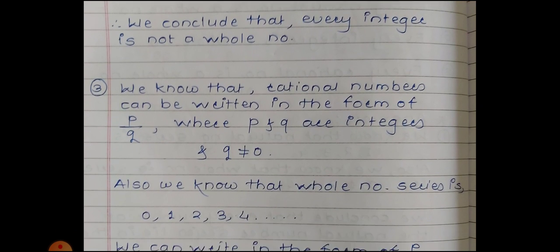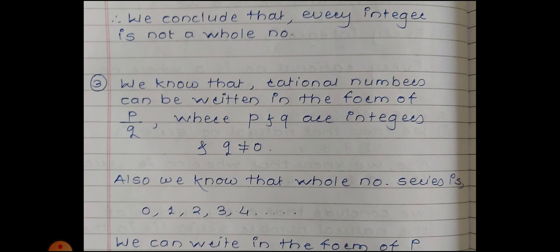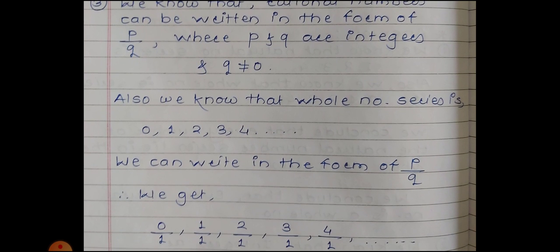Next one, every rational number is a whole number. Third one, look, every rational number is a whole number. We know that rational numbers can be written in the form of p by q where p and q are integers and q is not equal to 0. And we also know that the whole number series is 0, 1, 2, 3 and so on up to infinity. So we can write these whole numbers in the form of p by q.